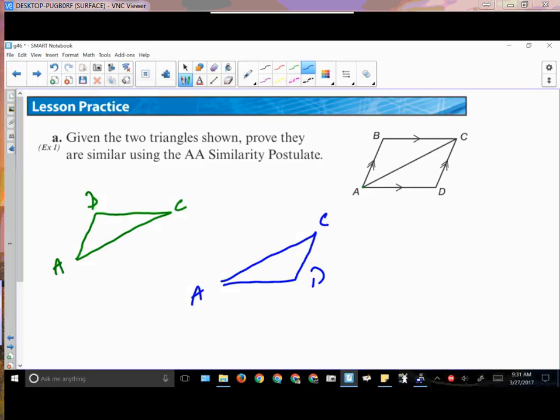Okay? That's what I want. Now, in order for us to do that, we need to have at least two angles that are in the same place, corresponding angles that are congruent. So my question is, what angles are going to be congruent and why?